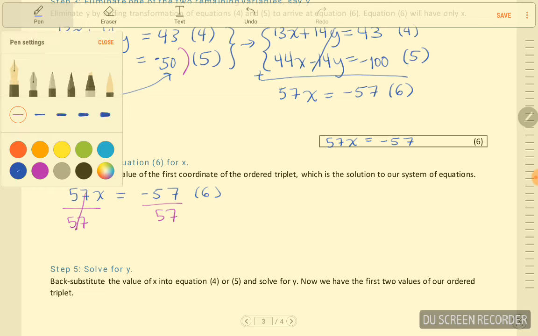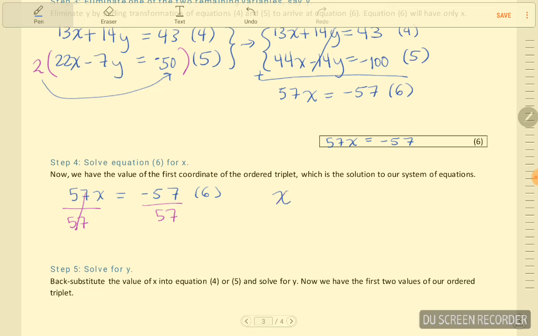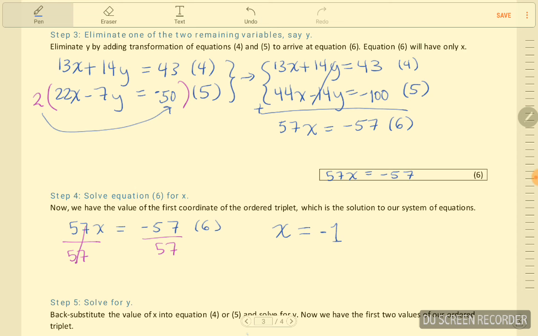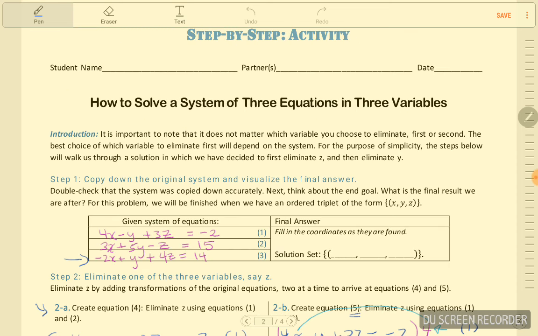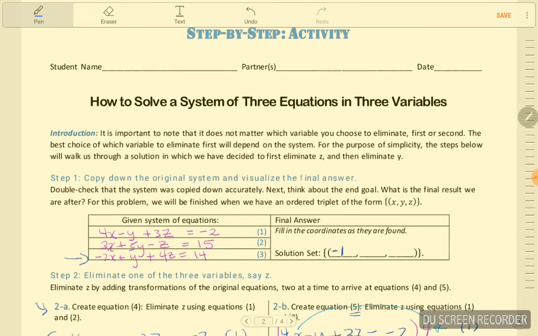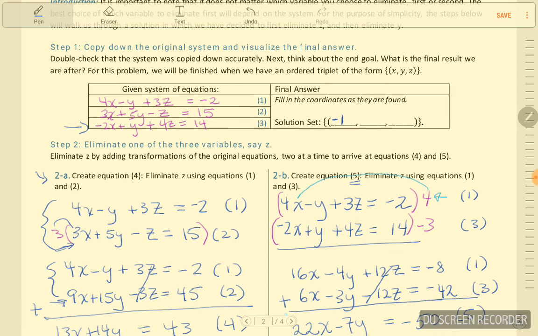And arrive at my first solution value, which is negative 1. So I'm going to take that and fill it in right here. So now I got to go find my y and my z.